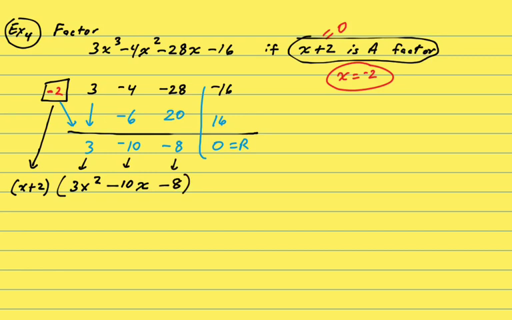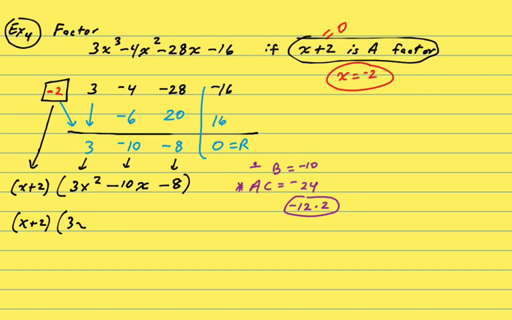Now, does this factor? What's a times c on this one? A times c, 3 times -8 is -24. And what's b? -10. So would those multiply? -12 and 2. Would they multiply to -24 and would they add to -10? So this apparently factors a little bit further.